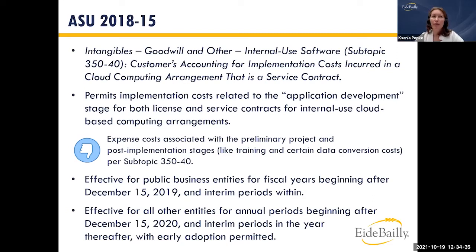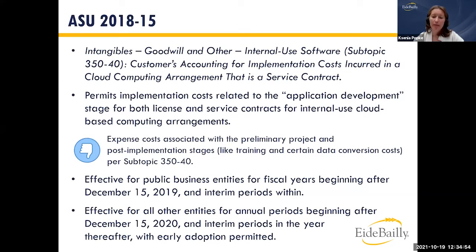The standard, I think, kind of mimics the internal use software guidance where you actually develop the software for internal use. Those standards have been around for a while, so it's very similar in its basics.